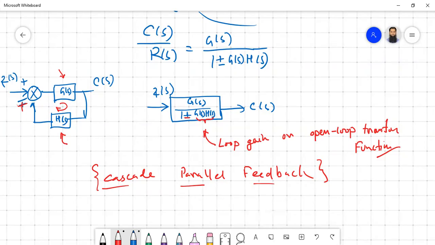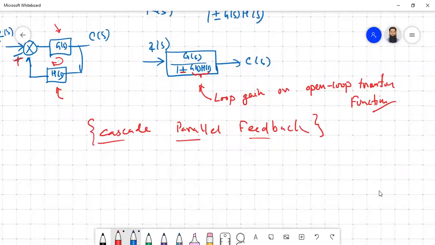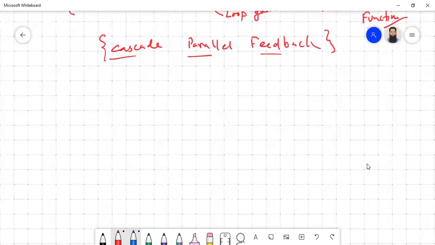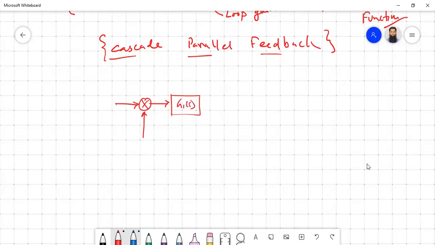So let us look at two cases for the summing junction, as well as two cases for the pickoff point. Say we have something like this. We have two signals getting added. Then these two signals are multiplied with a gain G1(s). Then we get our final output.